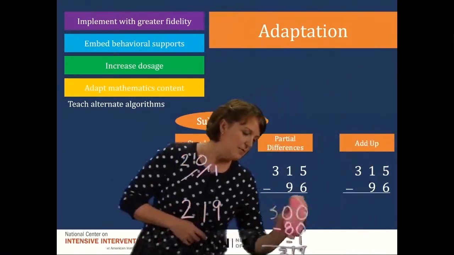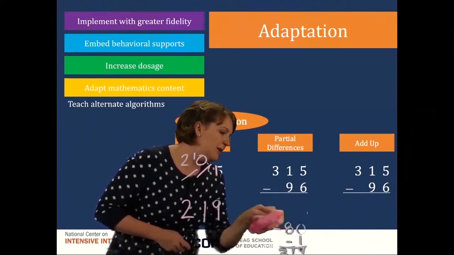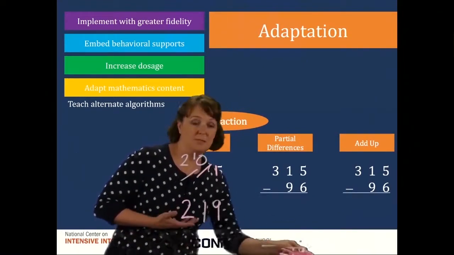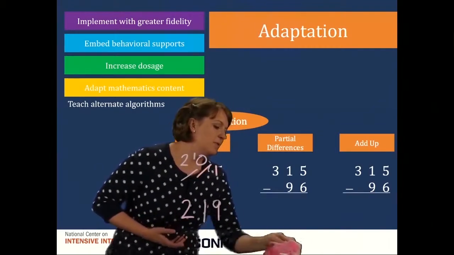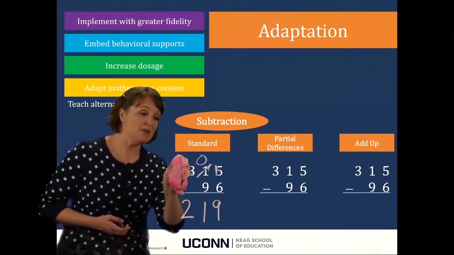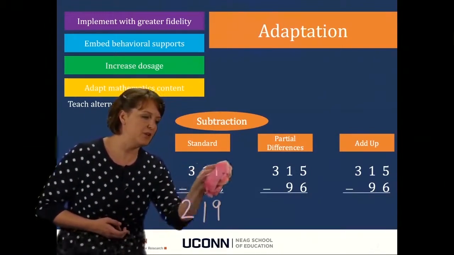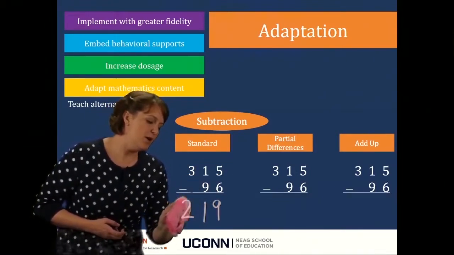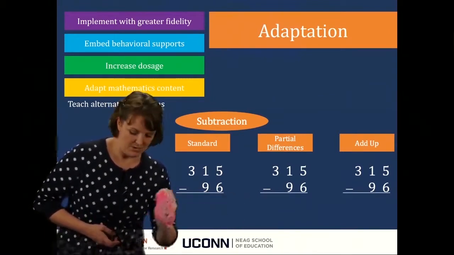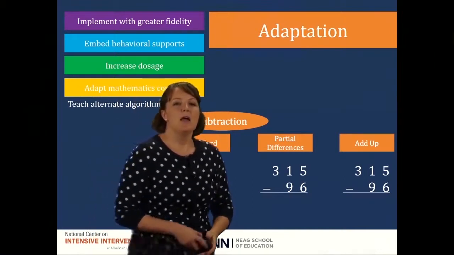And while I erase my work here, I want you to think about other alternate algorithms that you could use. Those were some examples for subtraction, but we have alternate algorithms for addition, multiplication, and division. We've looked at those in one of our previous modules. I believe it was module 6.